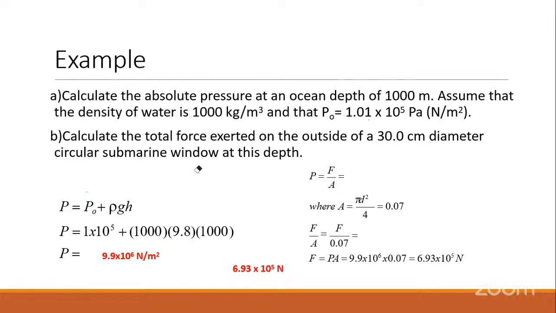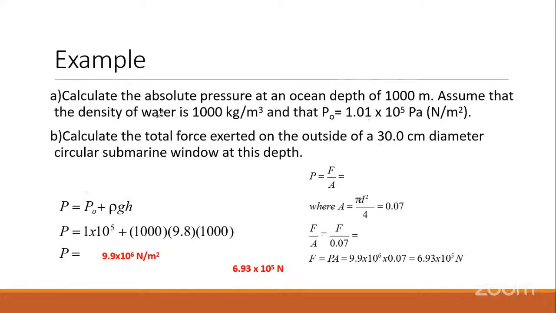Assume that the density of water is 1,000 kilograms per meter cubed, and that the atmospheric pressure is given as 1.01 times 10 raised to 5 Pascal, or Newton per meter squared. And B says, calculate the total force exerted on the outside of a 30 cm diameter circular submarine window at this depth.